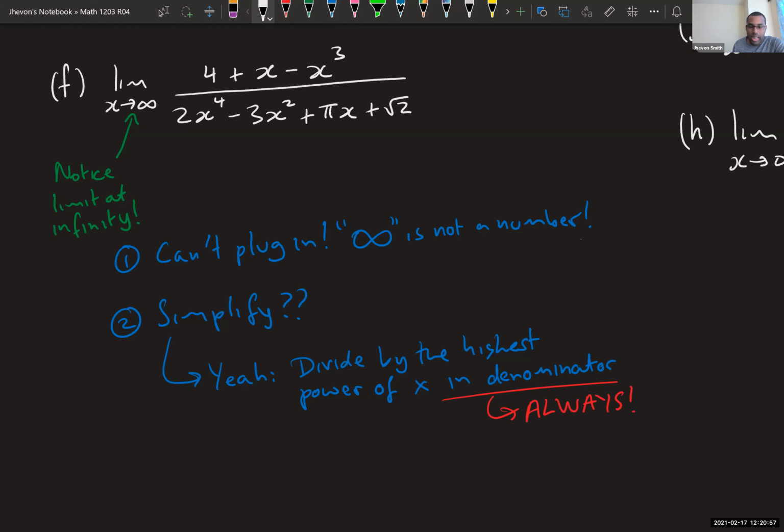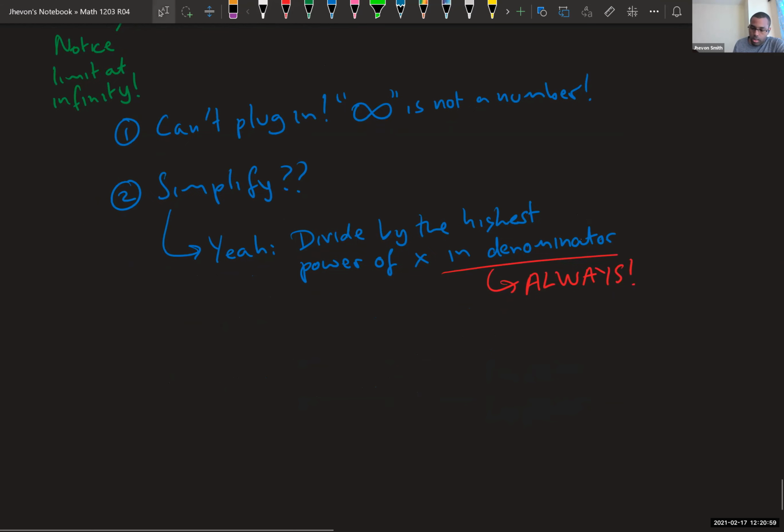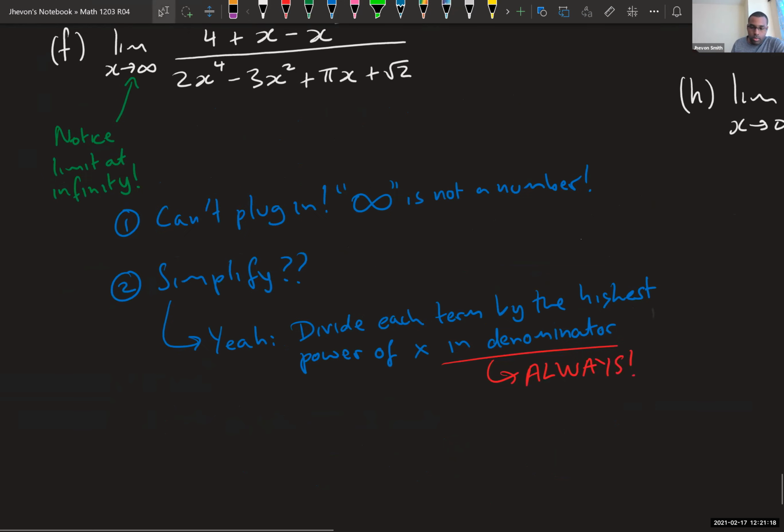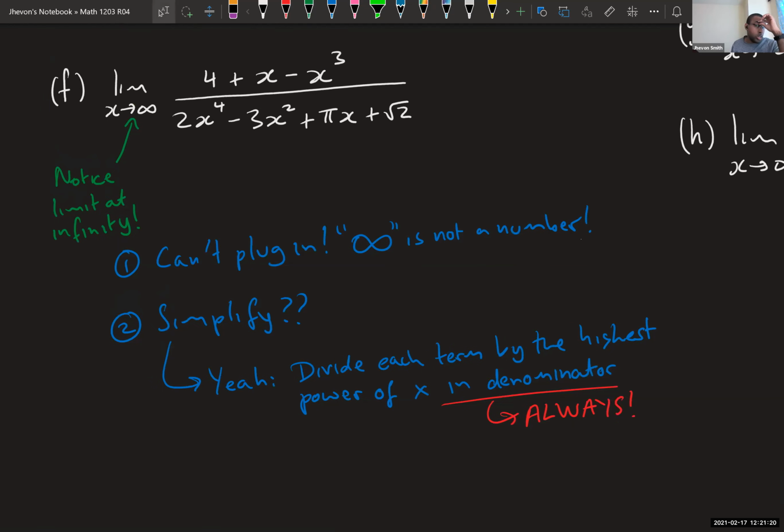And so what would that actually look like here? What I probably want to say is divide each term. So now I look in the denominator, I notice that the highest power of x is x to the 4th.